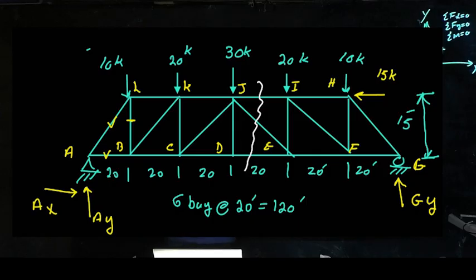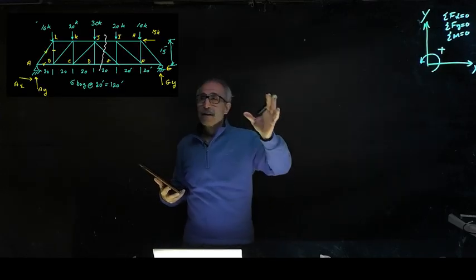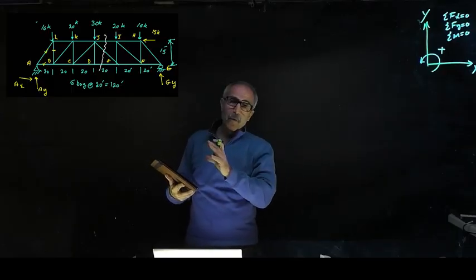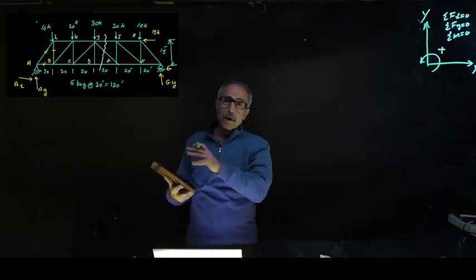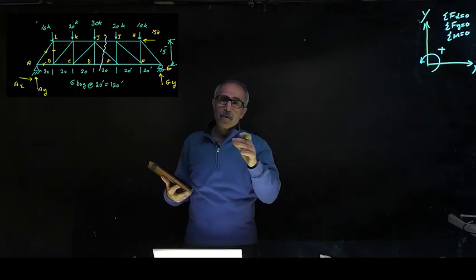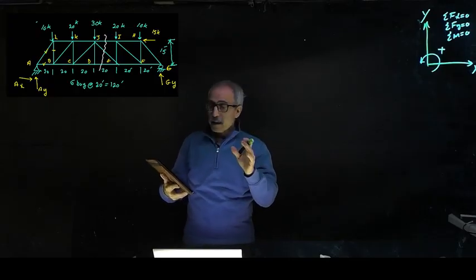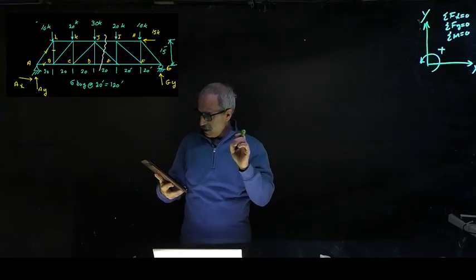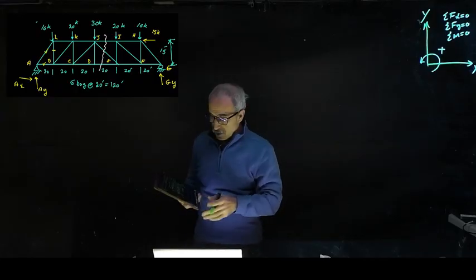The first thing we're going to do, we're going to go ahead and calculate the reactions, the whole thing as one rigid body. And then we're going to go ahead and use the method of joints to calculate the member forces in members AL, AB, and LB. So let's get to work.